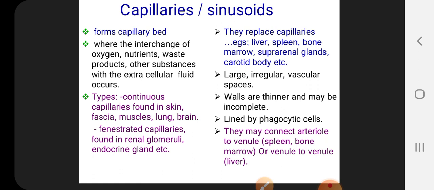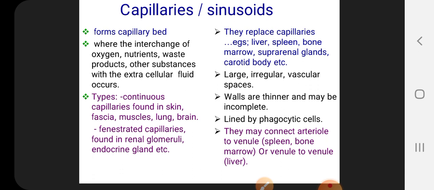Next we'll come to the small minute vessels called capillaries, or also called sinusoids. In the capillaries, we can see the interchange of oxygen, nutrients, waste products and other substances with extracellular fluid. Again, there are different types of capillaries.